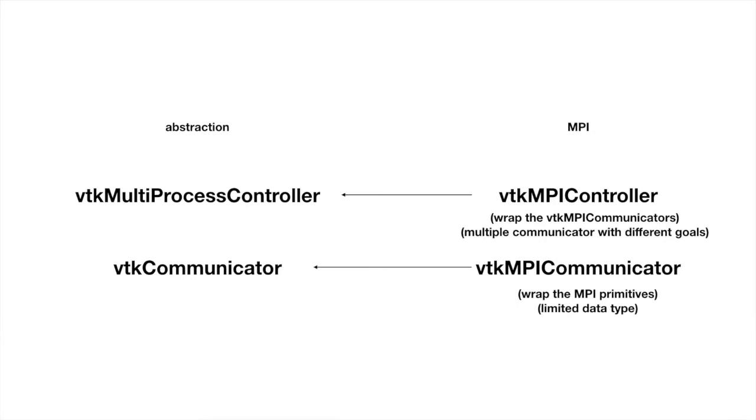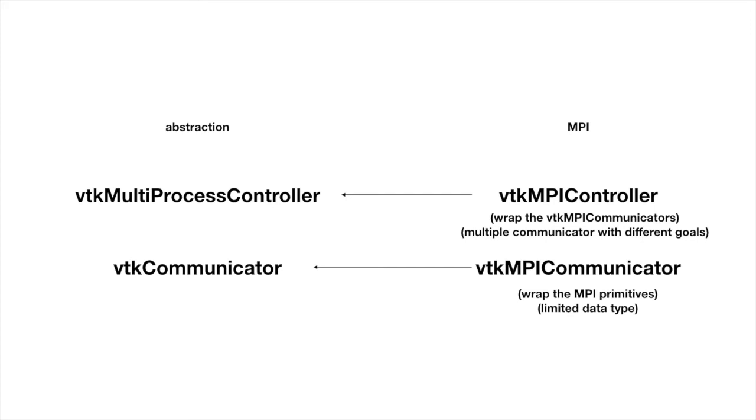This class wraps the vtkMPICommunicator, and it manages the life cycle of vtkMPICommunicator, such as creating, deleting a communicator. And this controller class may contain multiple communicators for different goals in application. For example, some communicators may aim at transferring the control information, and other communicators may aim at transferring actual data.